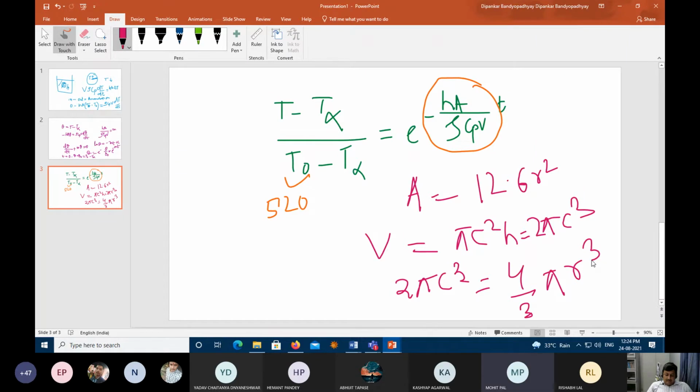Point 873. 0.873 R. C is equal to 0.873 R, right? Yes, sir. Now, express the area of the cylinder in terms of R. How much is it coming?